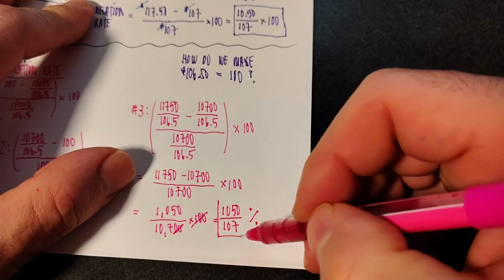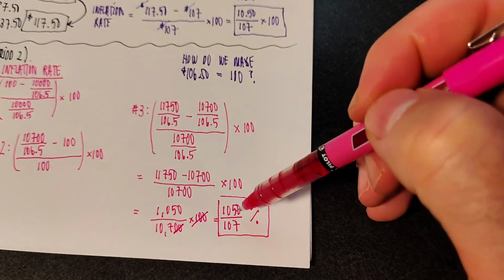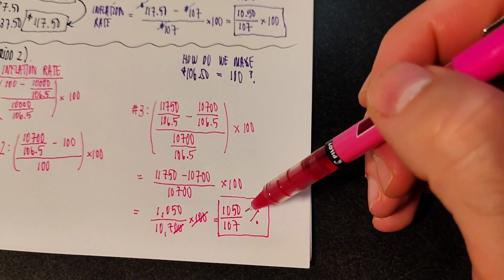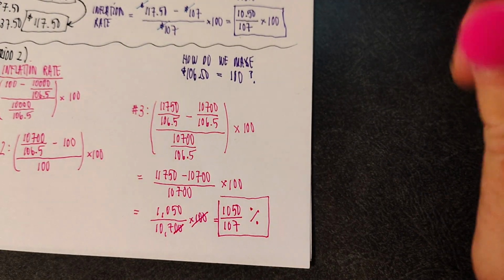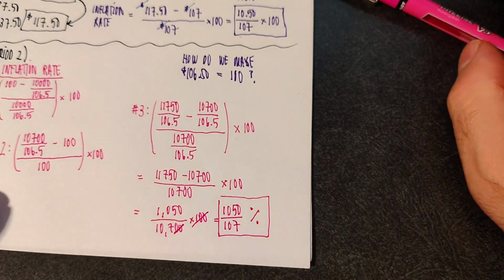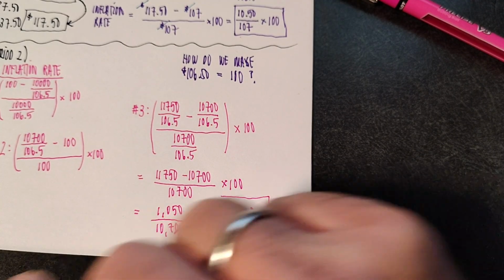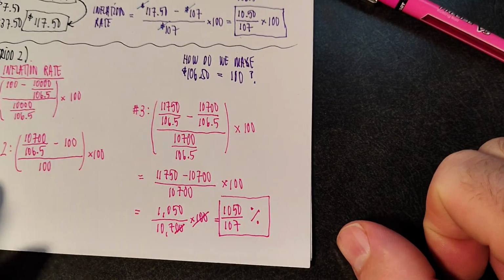I don't think this can be reduced any further because I think 107 is a prime number, and this doesn't divide out with a prime number because it's an even number. 1,050 divided by 107 gives us 9.813. I think that's what's in your textbook, 9.813.